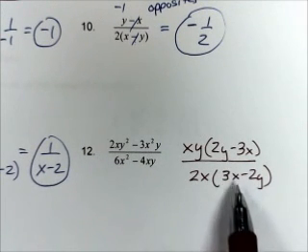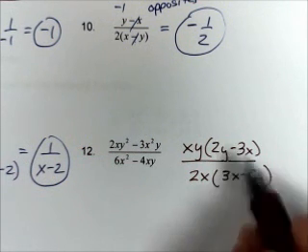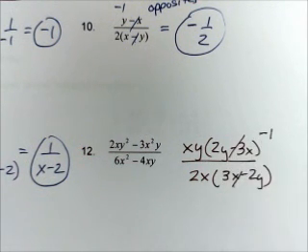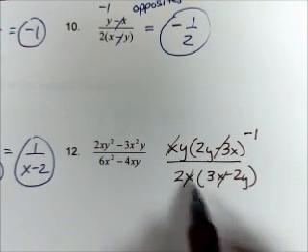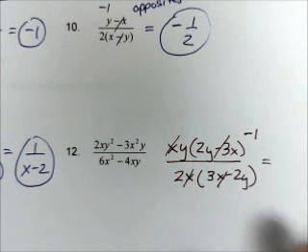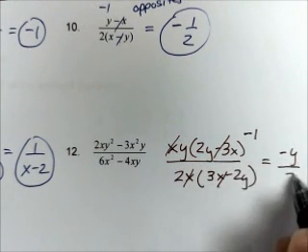These are opposites. 2y minus 3x, 3x minus 2y. They divide out. I'll put a -1 in the numerator, and our x's here divide out. So our answer is y times -1, -y, over 2.